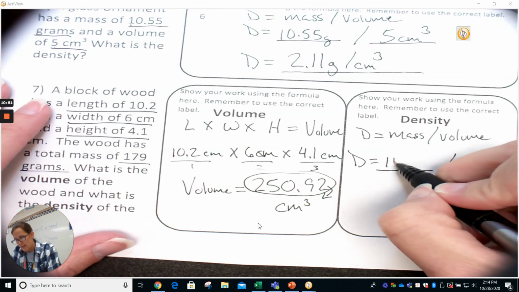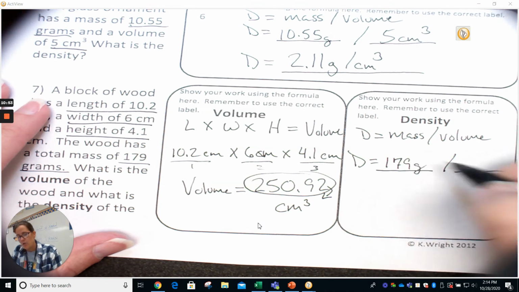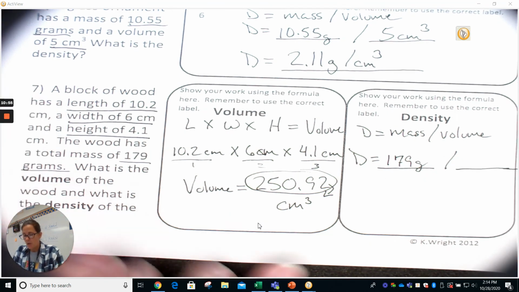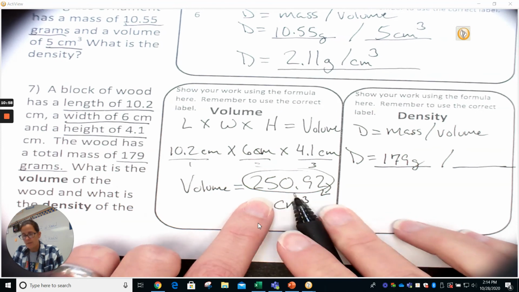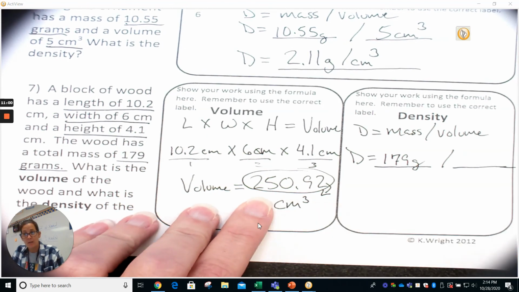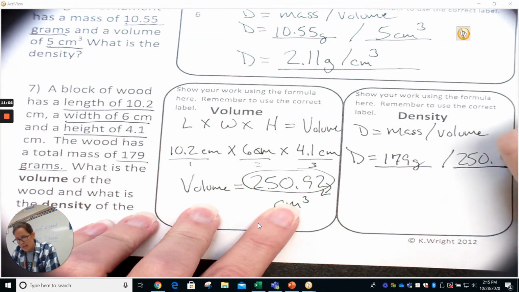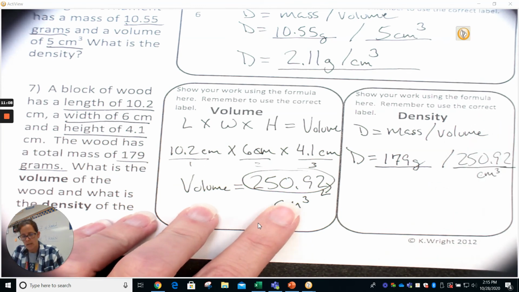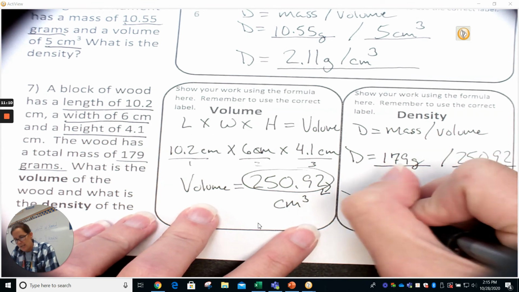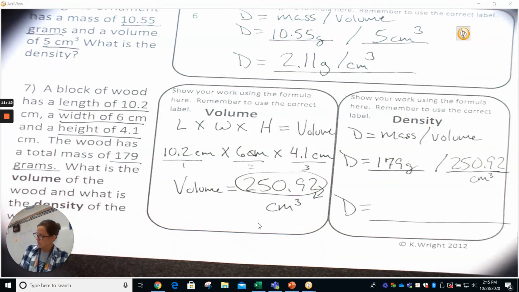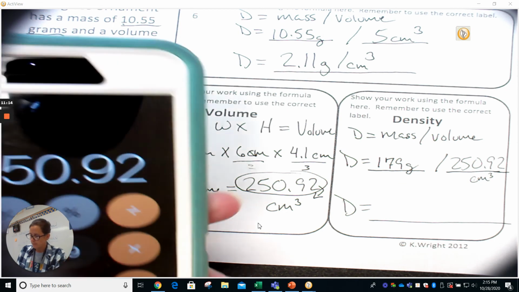So 179 G for grams. And then we know our volume is 250.92 because we just figured that out, right? So 250.92 centimeters cubed. Okay, so here our density is going to equal, and there's our room for our answer.